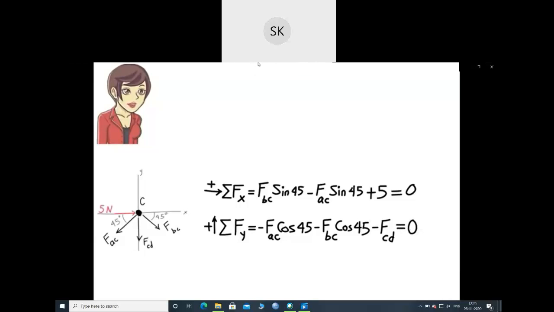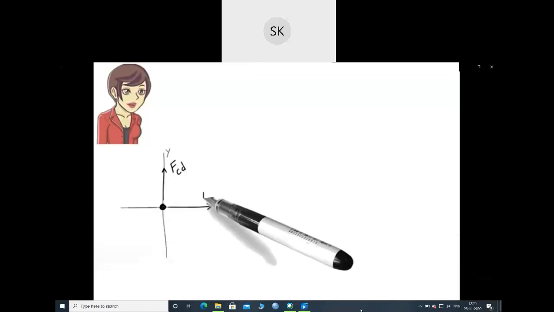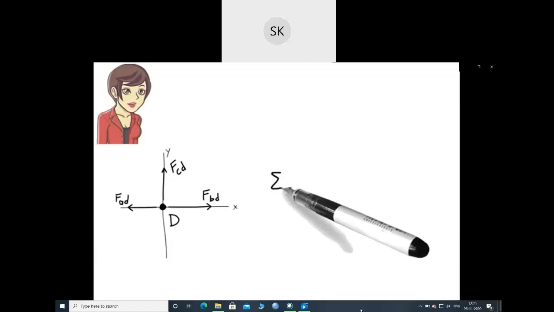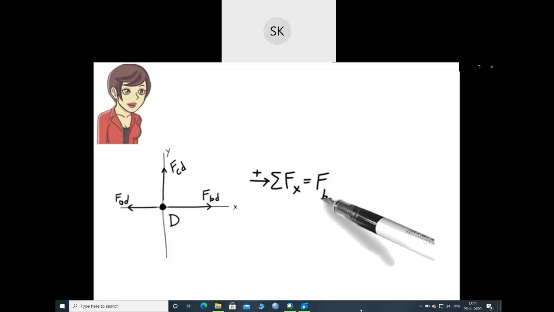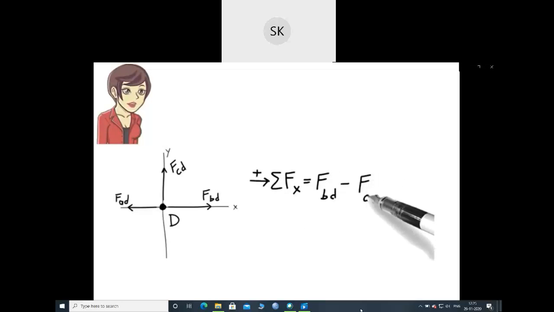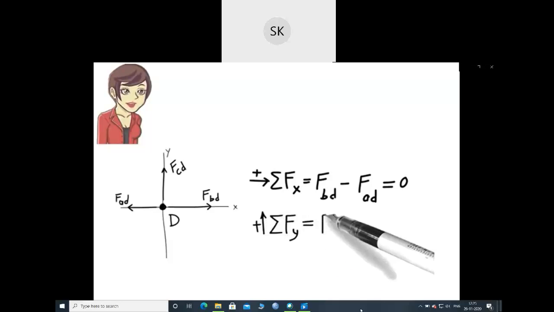These equations are labeled 5 and 6. Finally, for joint D we have the sum of the forces in the x direction equals FBD minus FAD equals 0. Sum of the forces in the y direction equals FCD equals 0. These equations are numbered 7 and 8.